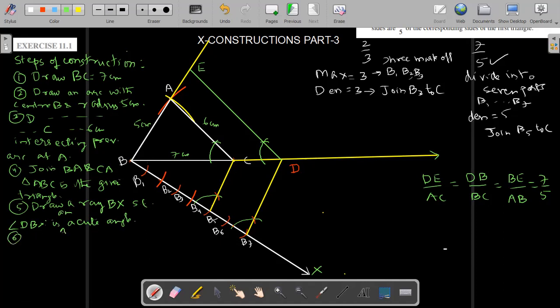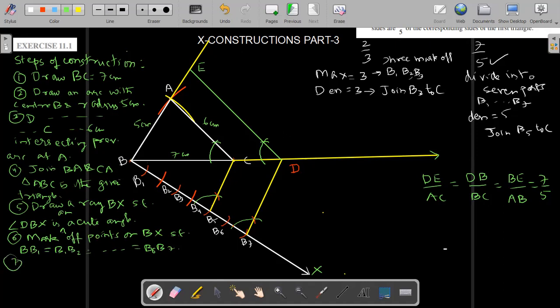Sixth, mark points on BX such that B1, B2, B2, B3, up to B6, B7 are all the same distance.